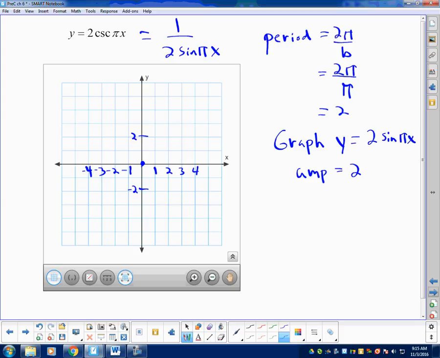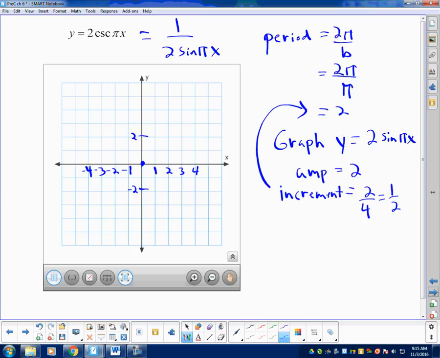So let's do a dashed line to graph this. Let's get our increment here, which is equal to this 2 right here over 4, which is 1/2. So our increment is 1/2.